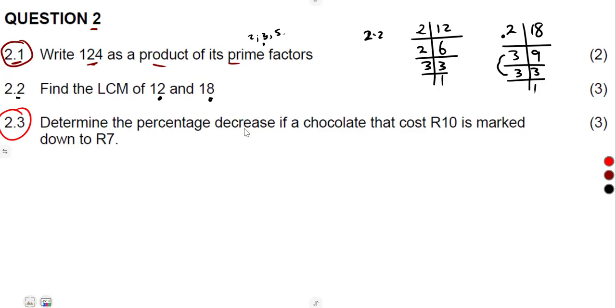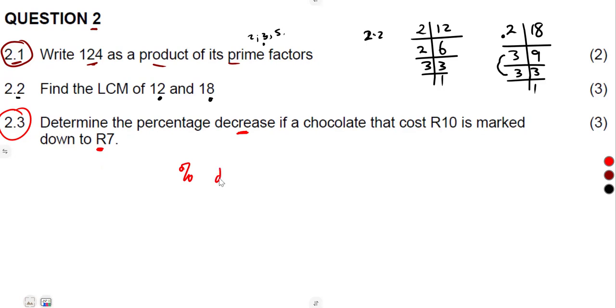Determine the percentage decrease. There is a decrease. You're already told that there is a decrease. If a chocolate costs 10 rand, is marked down to 7. All right, it is marked down to 7. There is a decrease there.